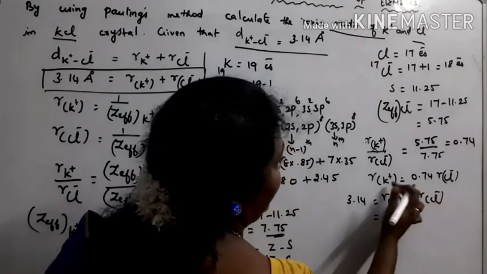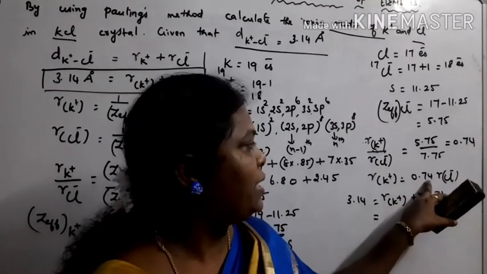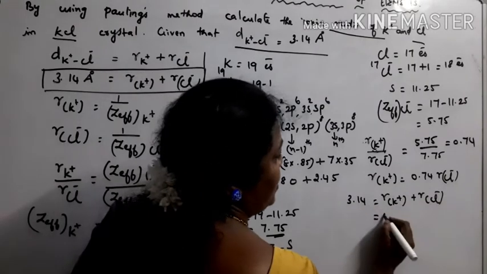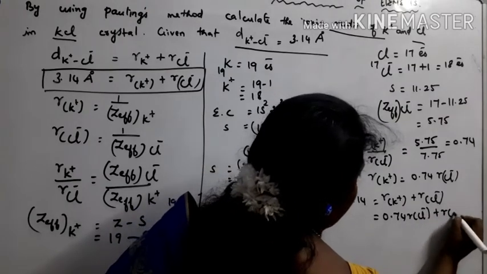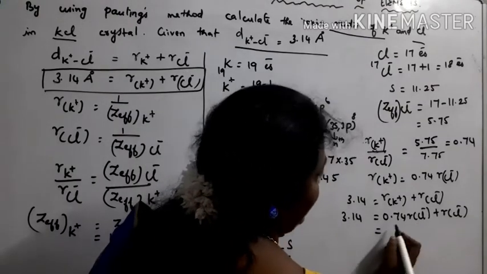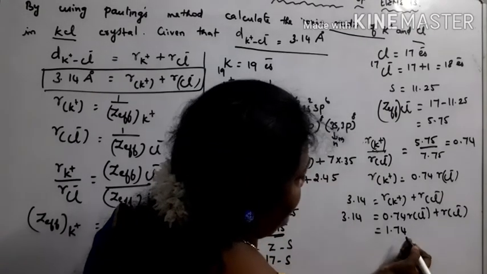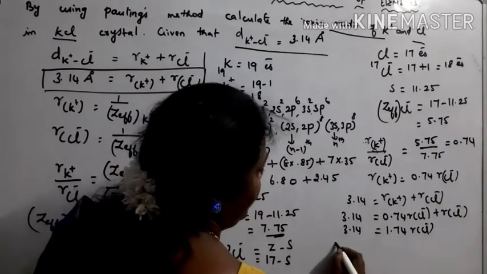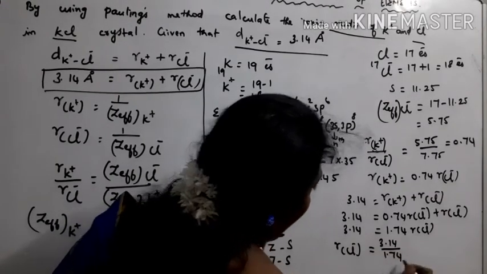Instead of radius of K plus, we write 0.74 times radius of Cl minus, plus radius of Cl minus, equal to 3.14. Adding these, we get 1.74 times radius of Cl minus, equal to 3.14. Therefore, radius of Cl minus equals 3.14 divided by 1.74.